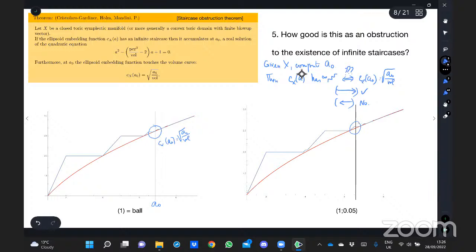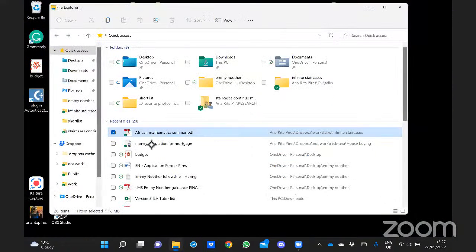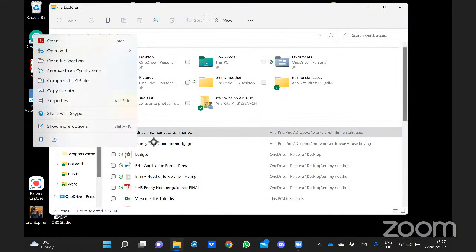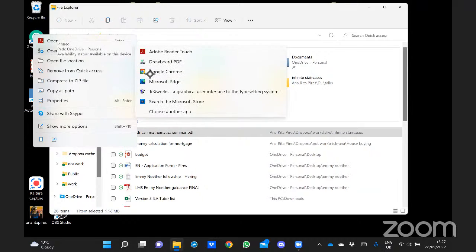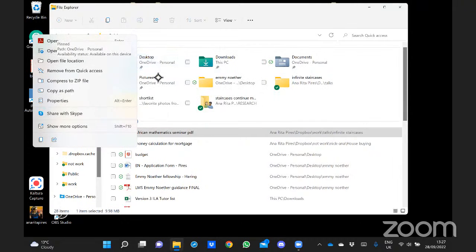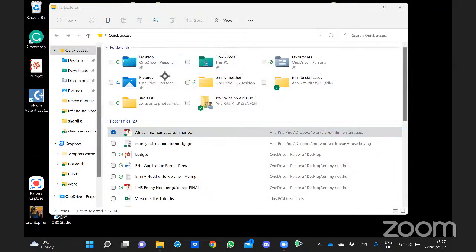And here, you'll see the C sub X. Oh, gosh. Why does it do this? I'm sorry. I swear this is as annoying for me as it is for you.